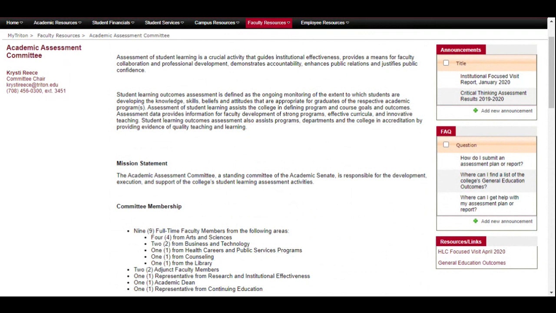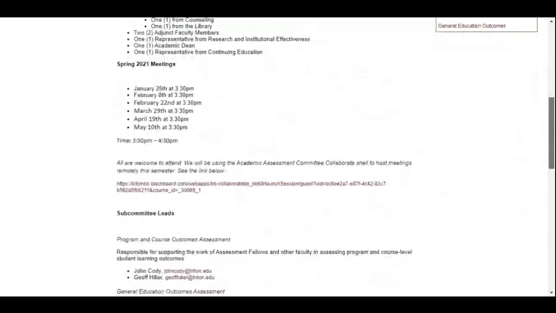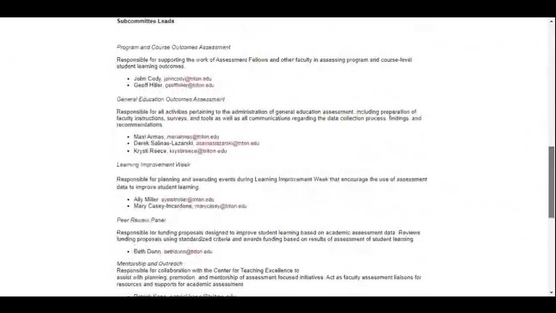I will point out also on our subcommittee page, we do have that subcommittee that you were talking about, James, that is related to that. It's responsible for all activities pertaining to the administration of general education assessment, including preparation of faculty instruction, surveys, and tools to communicate about that data collection process and findings and recommendations.